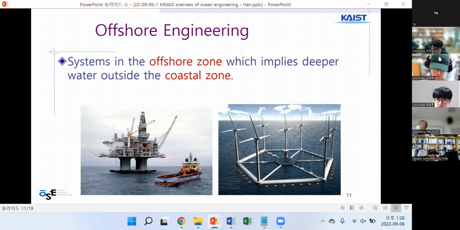And offshore engineering is the reverse of onshore engineering or coastal engineering. So offshore is far away from the land, right? So deep water there, and harsh water. The weather condition is harsh. So the offshore zone implies deeper water outside the coastal zone. This looks like a drilling plant for oil and gas, because I saw this is a drilling tower.